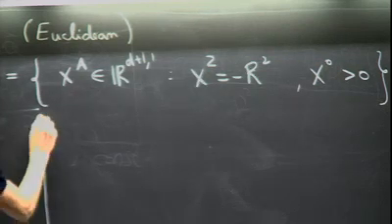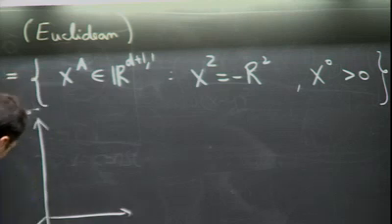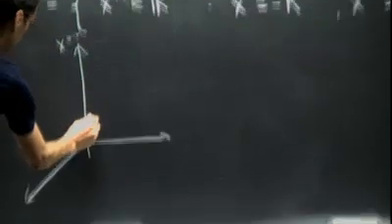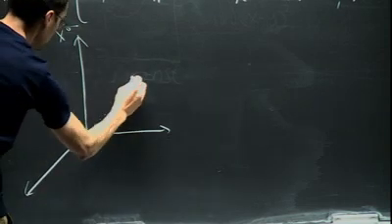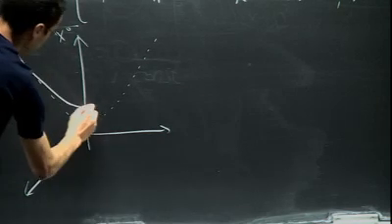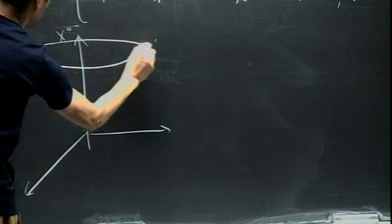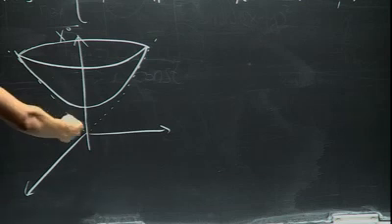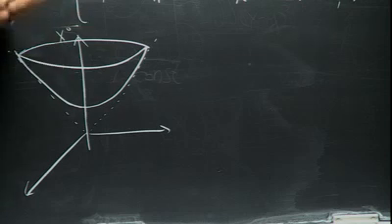So let me draw X^0 here, and now the other spatial directions. So this condition just tells you that AdS is this. So let me try to draw this. So it's this hyperbola that, in particular, approaches the light cone when the points go to infinity.